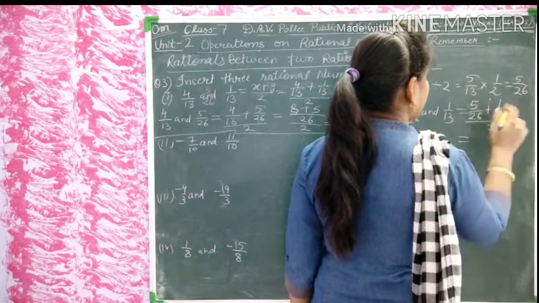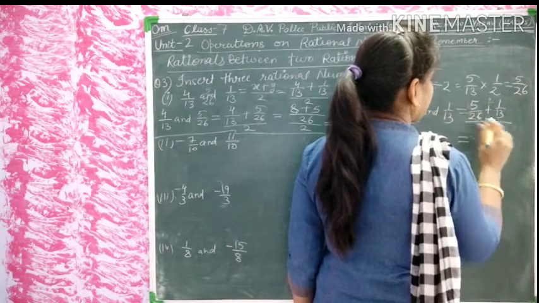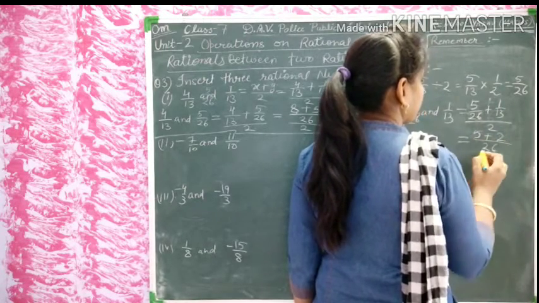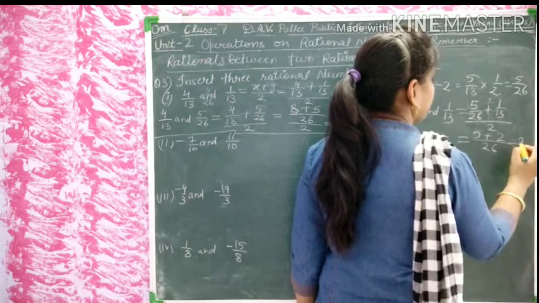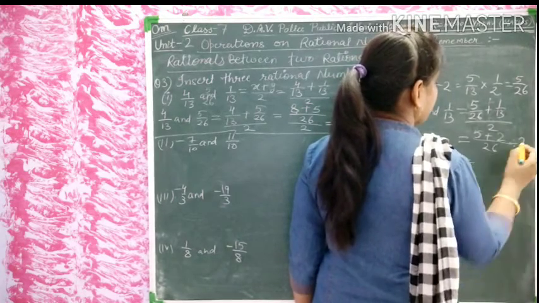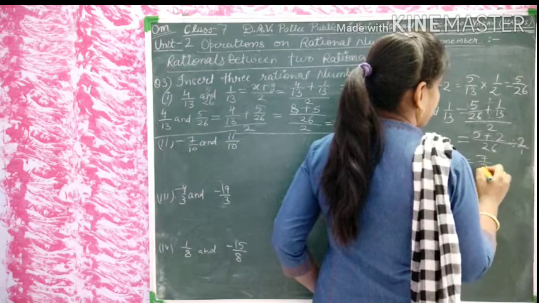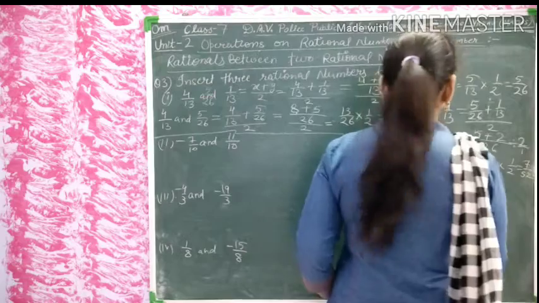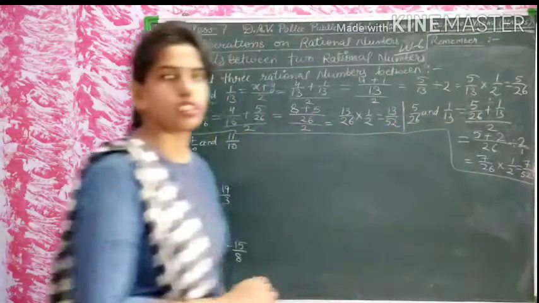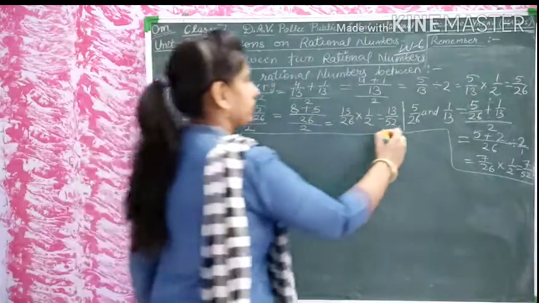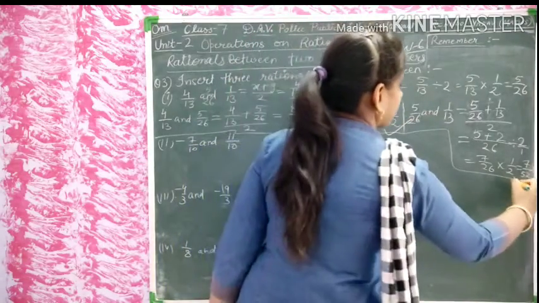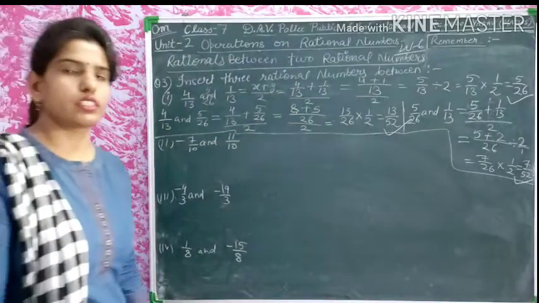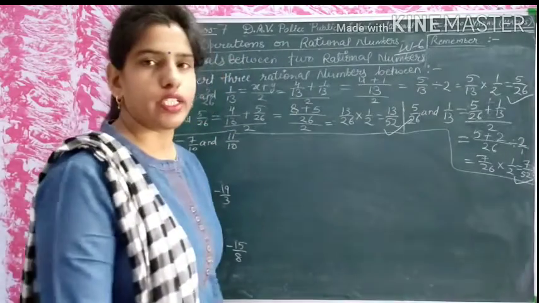That becomes 5 plus 13 2s are 26, that is 2, divided by 2, which equals 7 by 26 into 1 by 2, and that equals 7 by 52. This is the other number. Is this clear, students? One number is 13 by 52, one number is 7 by 52, and one number is 5 by 26. These three numbers we have found.